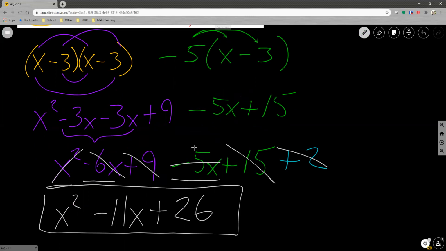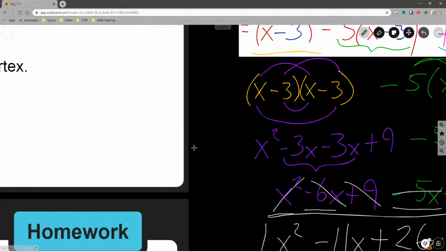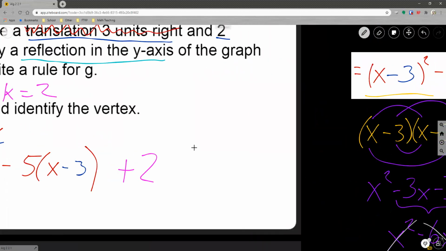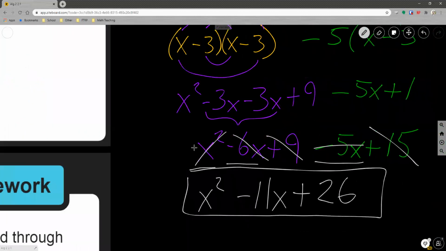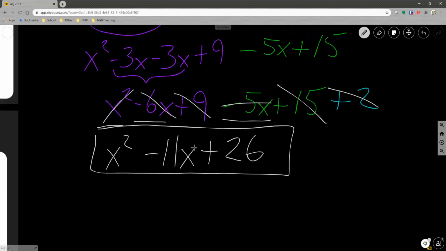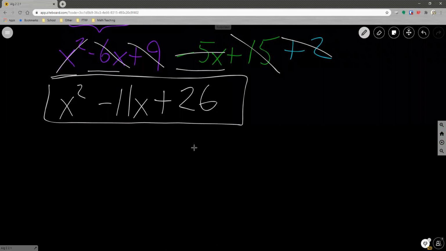Well, now all I have to do is that last transformation, which is a reflection over the y-axis. So I'm going to go ahead and do that. I'm taking my function x squared minus 11x plus 26. Let's erase this box.